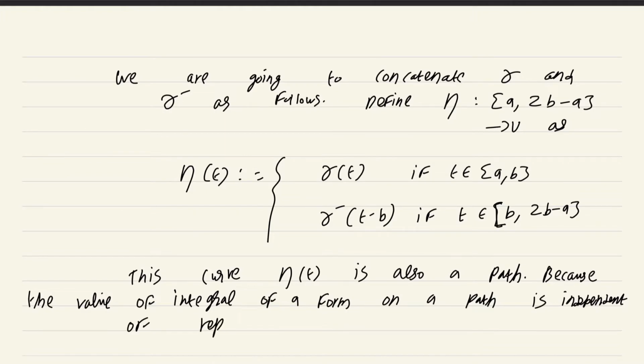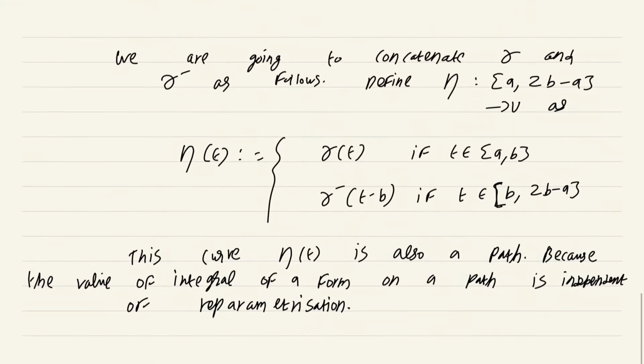That is, if I integrate a differential form along a path gamma, and I reparameterize gamma into another path, the value I get by integrating this differential form along this path is not going to change. It does not depend on the reparameterization. Now several things have been left for you to check. Check that this eta of t is also a path, and the next step will rely on this independence statement.